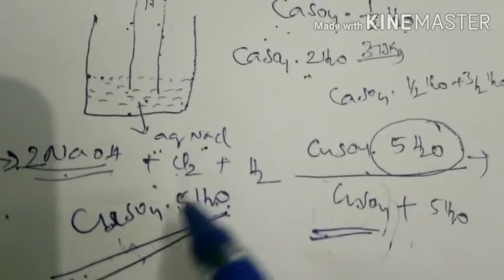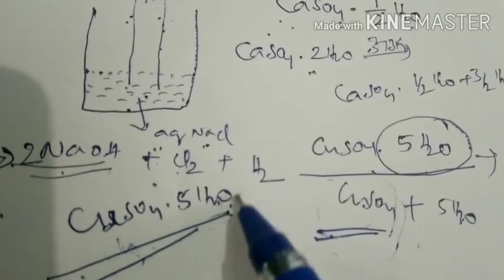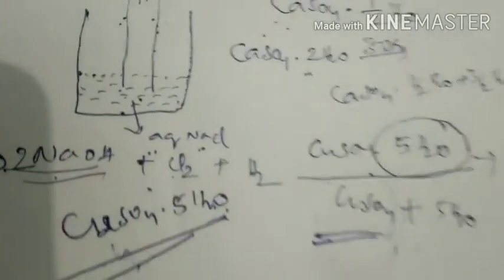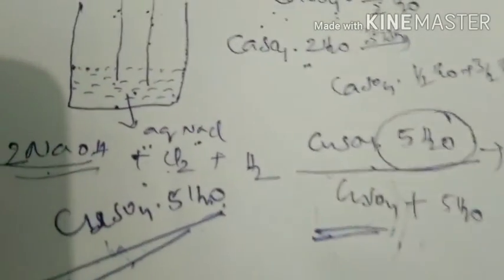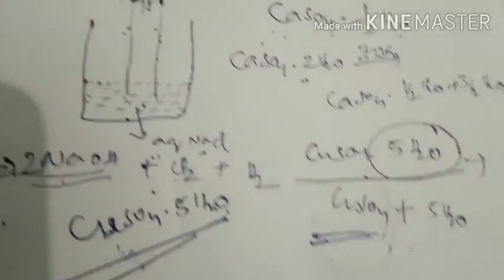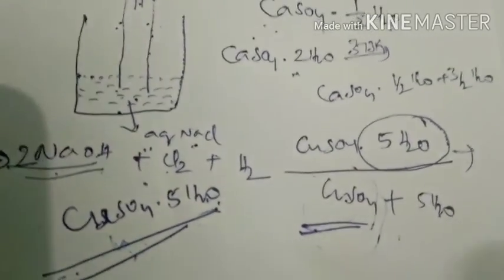So it is blue in color. When we heat that compound, it loses these water molecules, and finally the blue color becomes white. If you add water again to that white substance, it regains the blue color. So only these points are given regarding this in our textbook.